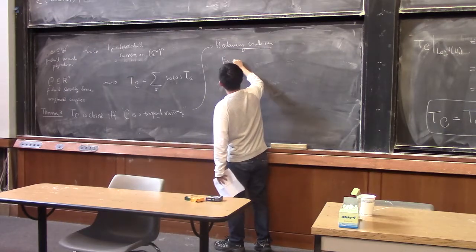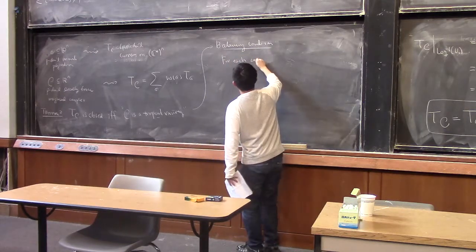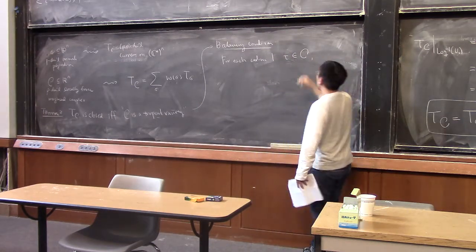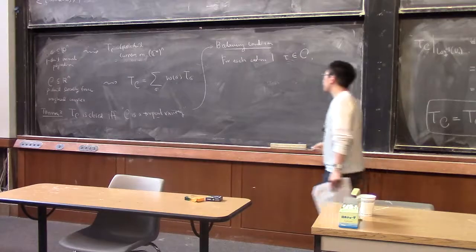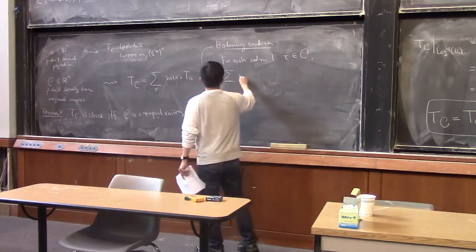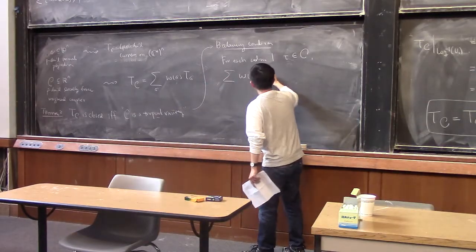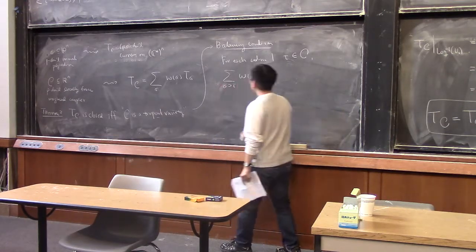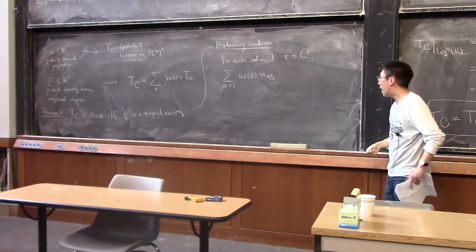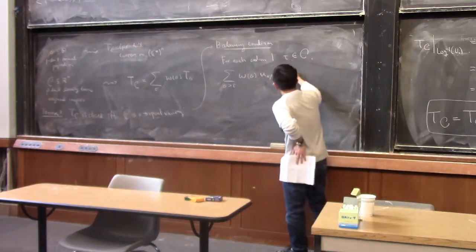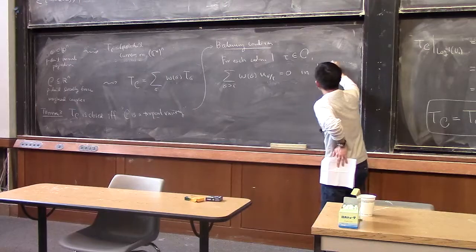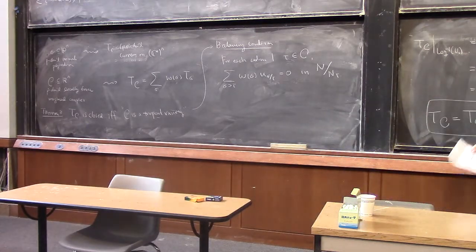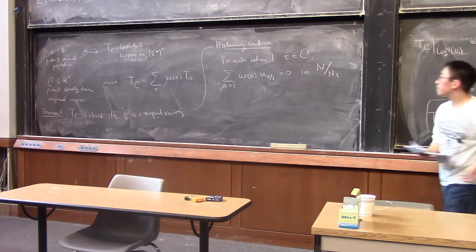It says that for each codimension one cell, tau, in my polyhedral complex, the sum of the weights times a certain vector, where the sum is over all top dimensional cells containing my cell, tau, is 0 in the so-called normal lattice, in a certain normal space associated to tau.